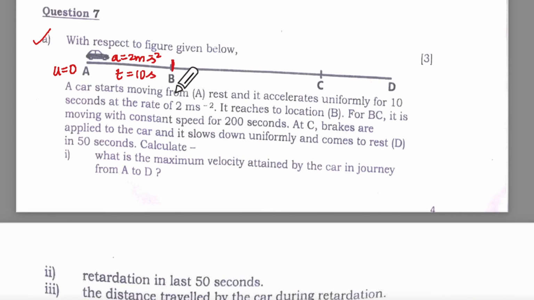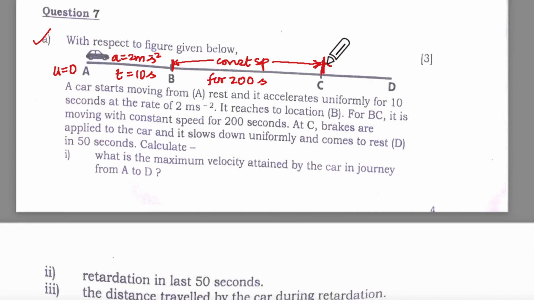For BC, it is moving with constant speed. So from here, constant speed, from here to here, and write for 200 seconds. That is up to C. Then at C, brakes are applied.